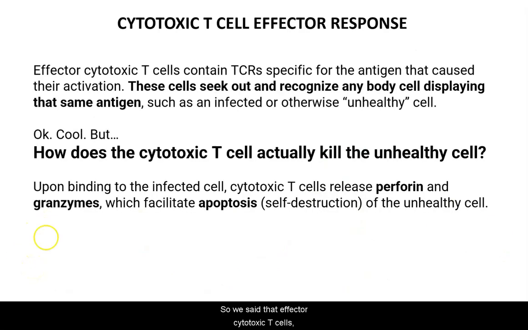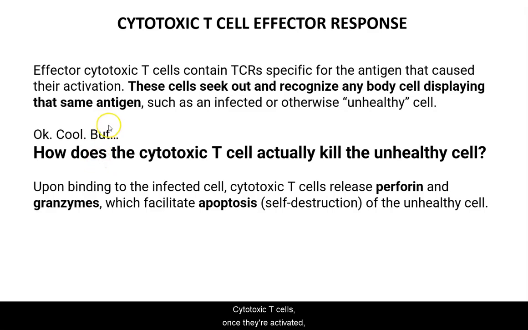So we said that effector cytotoxic T cells, just like the helper T cells, contain those T cell receptors on their cell membranes that are specific for just the antigen that caused their activation.